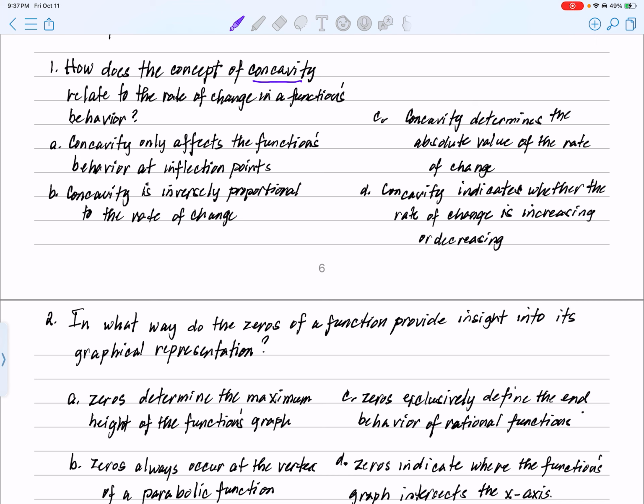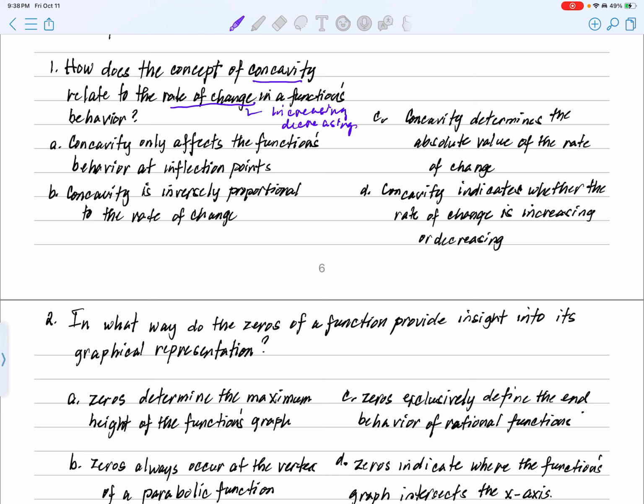So concavity relates to the rate of change in the function's behavior. That means it's saying something about rate of change. Is it decreasing or increasing? That's the thing that will come to your mind.